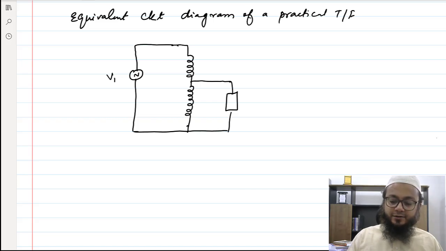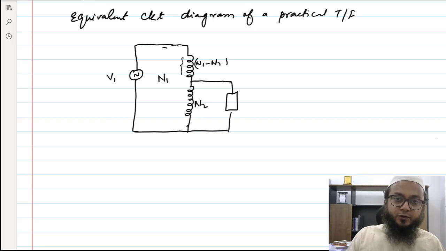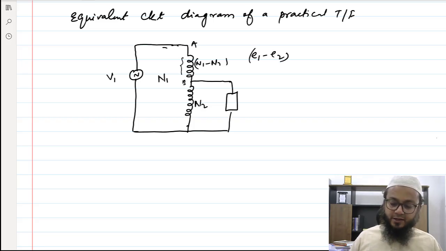Obviously the induced EMF is in this winding as well, whose number of turns is N1 minus N2, and here the number of turns is N2, and this entire one is N1, right? So the induced EMF in this upper portion between A and B would be E1 minus E2, and here the induced EMF in N2 would be E2 only.